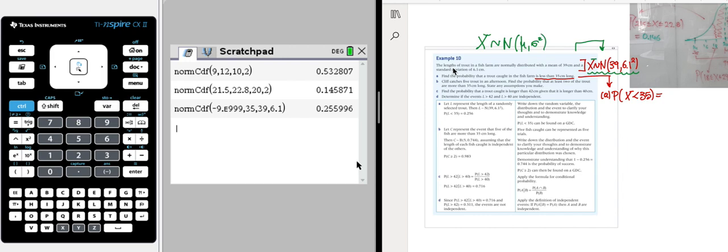So if we put the numbers, we end up with the normal distribution, and then the mean is 39, and the standard deviation is 6.1, but you are expected to write 6.1 squared, because essentially what we use inside the brackets is the mean and the variance, right, which is the standard deviation squared.